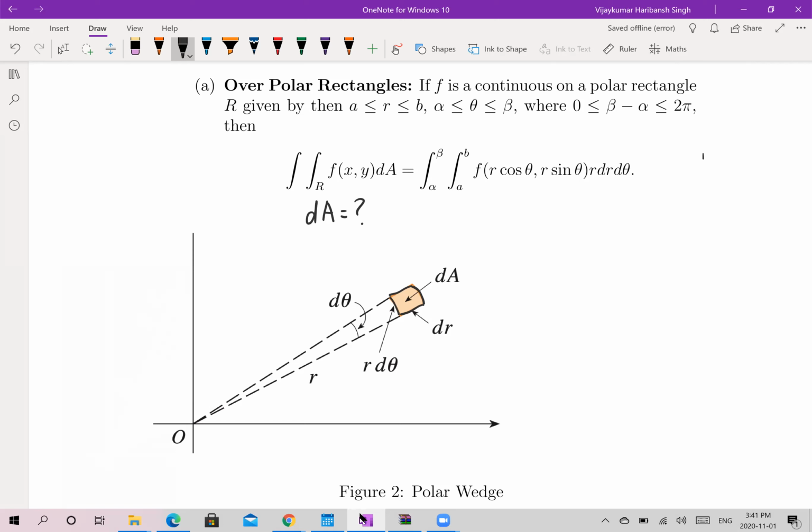If you take a circle of radius r, and this angle is theta, then what is the area of this sector?